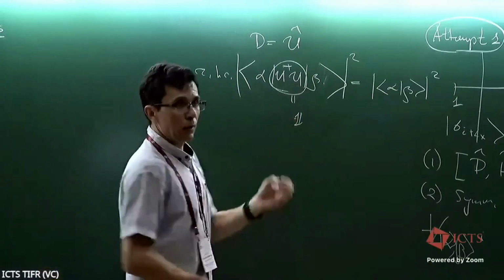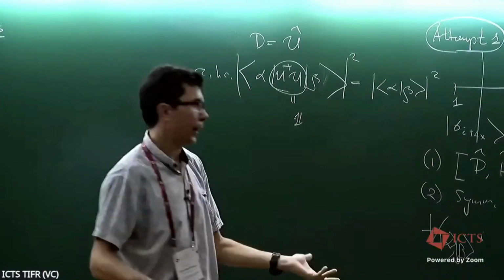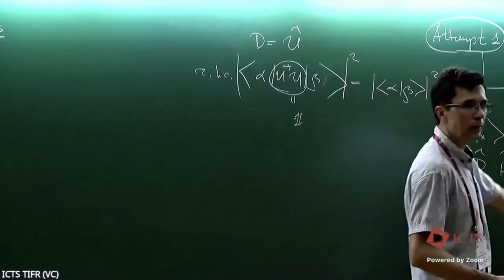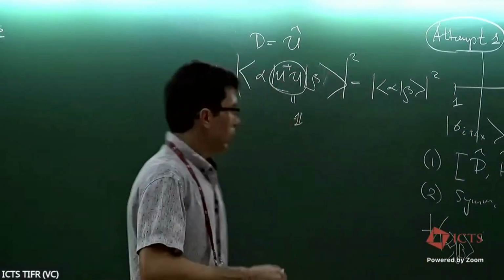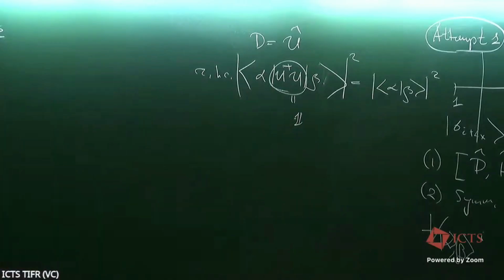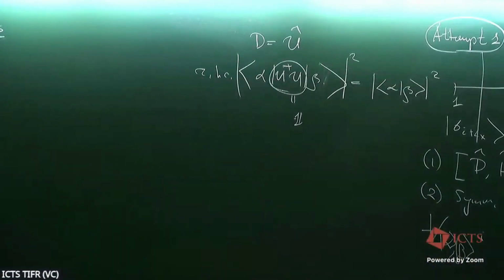Okay. So now, if you apply the same logic over here, you say, wait a second, how am I going to do it, right? If I just said that this is a non-unitary operator, then it cannot be a symmetry. The way to do this, and this would be my attempt number 2 at defining the symmetry, is that there is a way out of this, but it comes at a price.